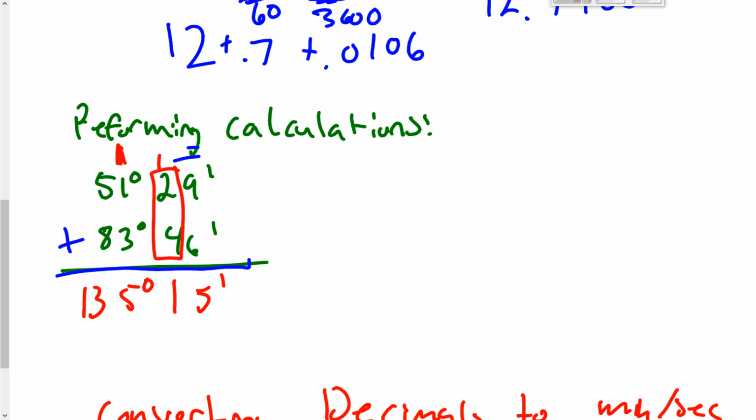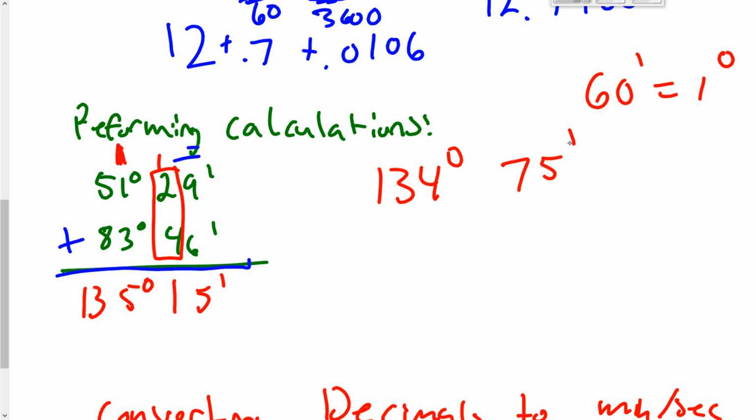Okay, so maybe that sounded real confusing. Well, just go ahead and add 51 and 83, that's 134, so 134 degrees. Go ahead and add 29 and 46, that's 75 minutes. Well, 60 minutes is 1 degree, so I can take out 60 and add 1 degree.